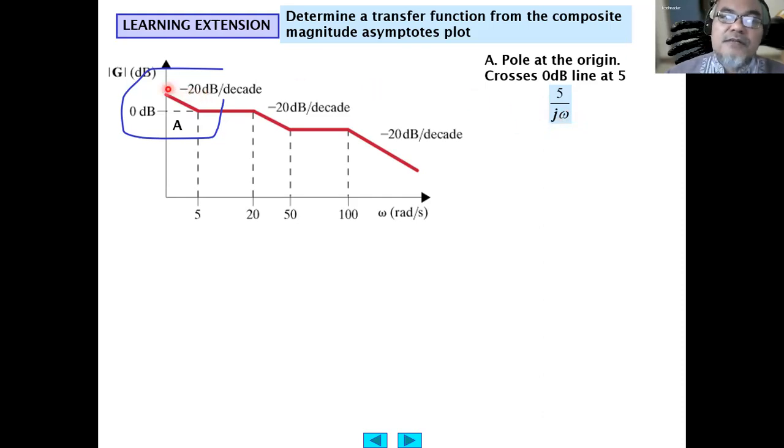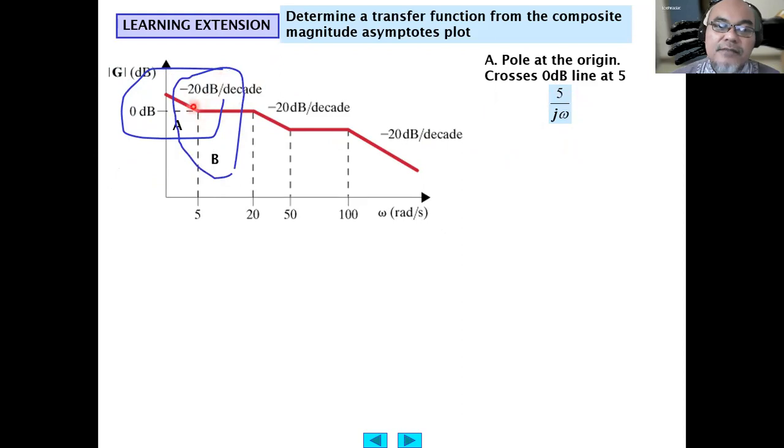So this is a pole because this is decreasing. So the magnitude of this equals 20 log of 5 over j omega.